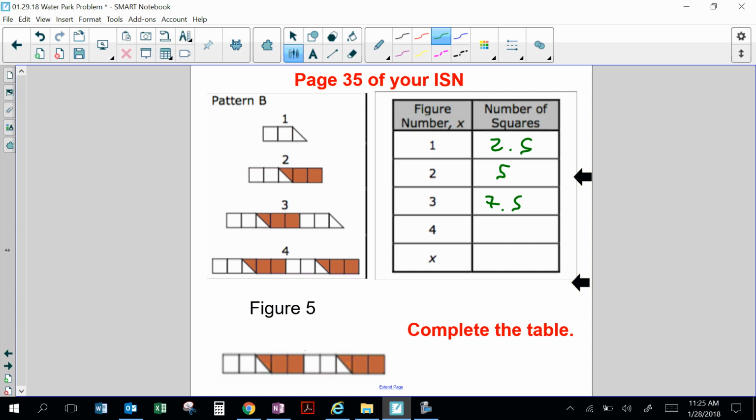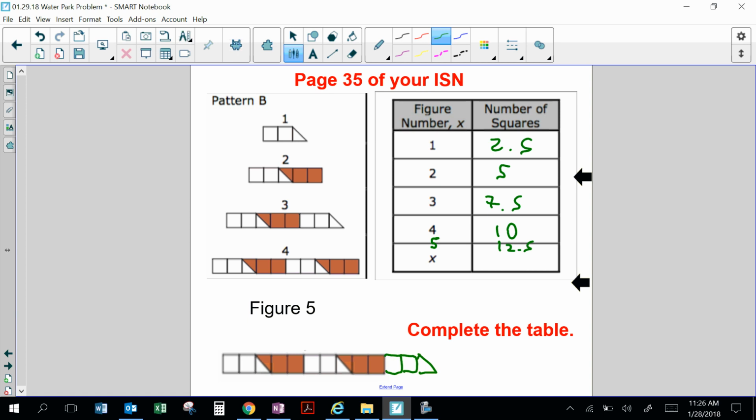How is it changing from figure to figure? If you had to make a prediction for figure number 5, how many squares do you think would be needed? This is figure number 4. Hopefully you said it changes by 2.5, so 12.5.